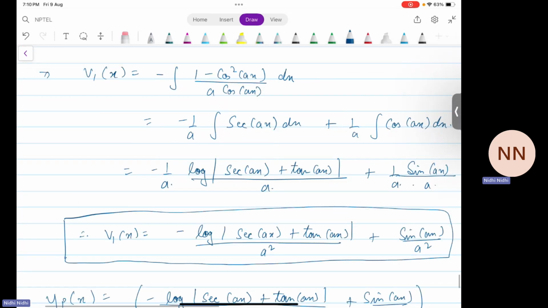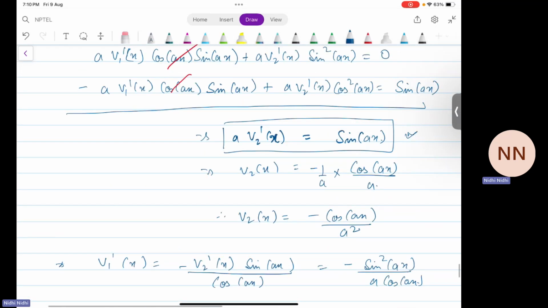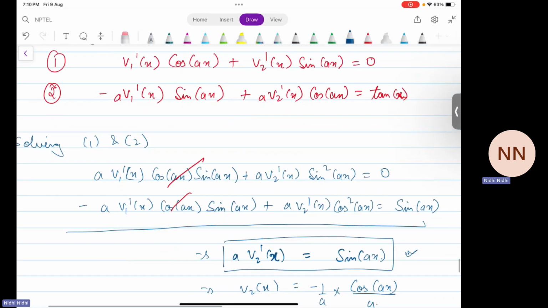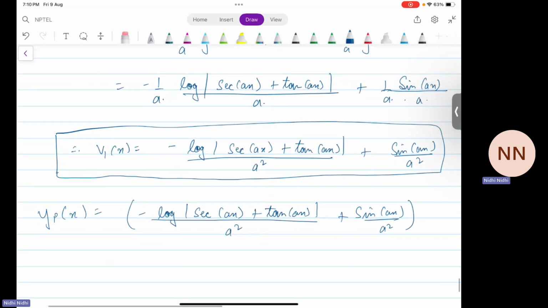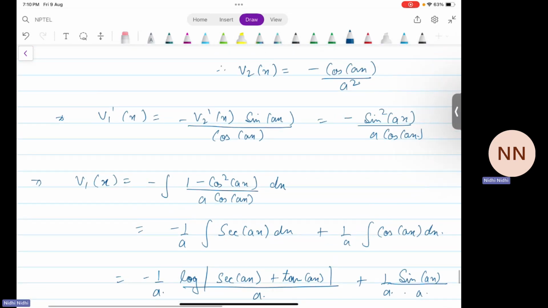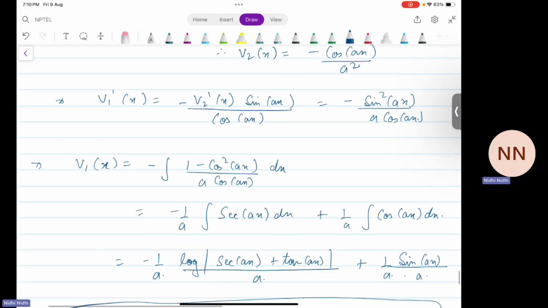Now what was our y1(x)? y1(x) was cos ax. This times cos ax plus, what was our v2(x)? v2(x) is minus cos ax by a square.